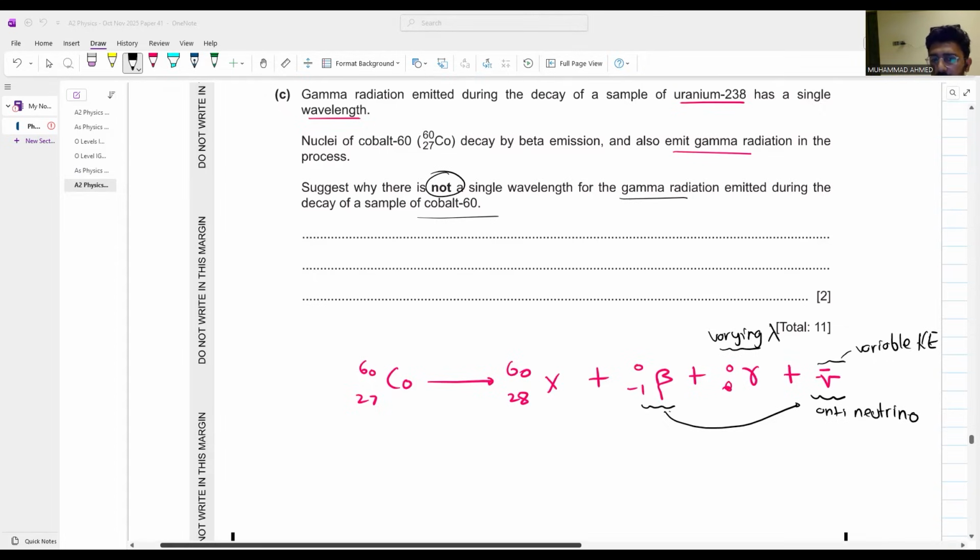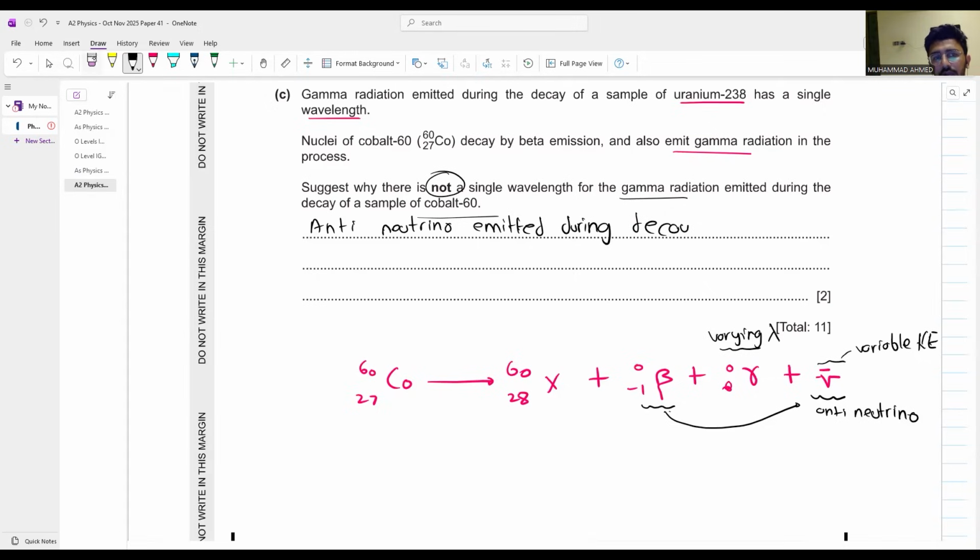You will say the antineutrino emitted during beta decay has varying kinetic energy, or you can say variable kinetic energy. The antineutrinos emitted during beta decay have variable kinetic energies.